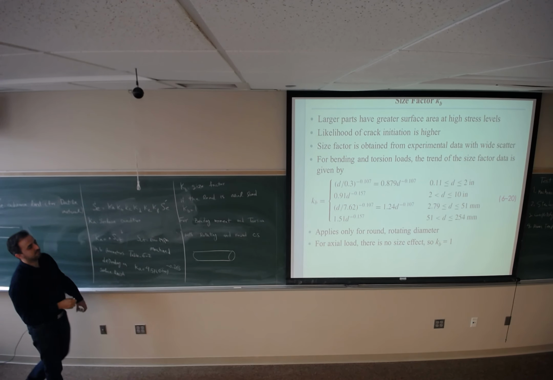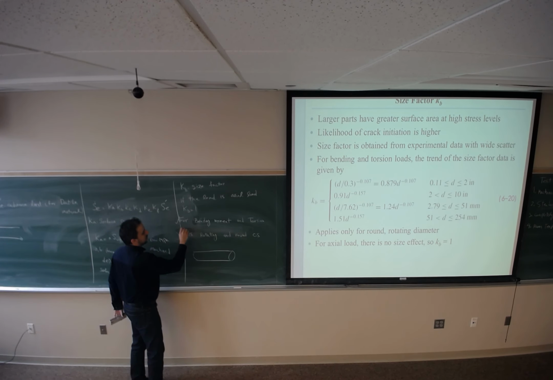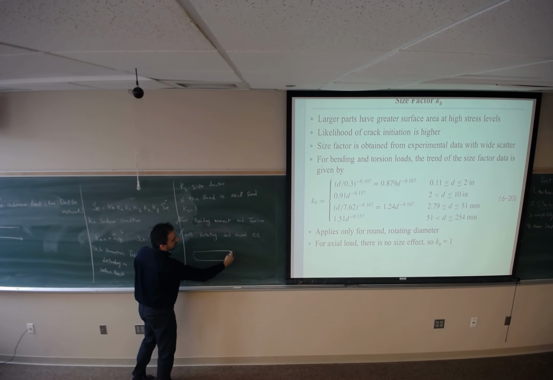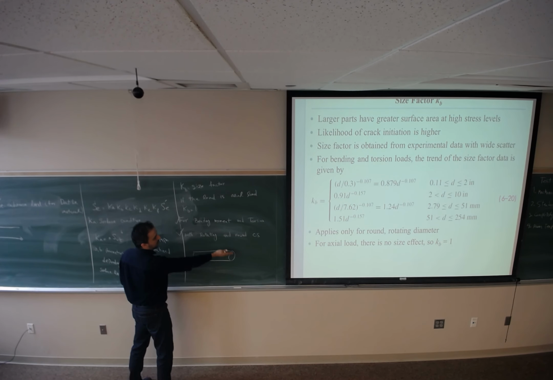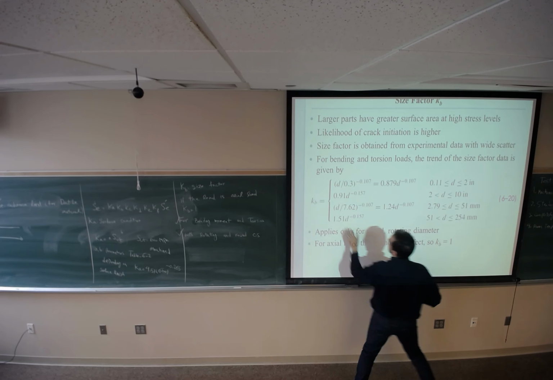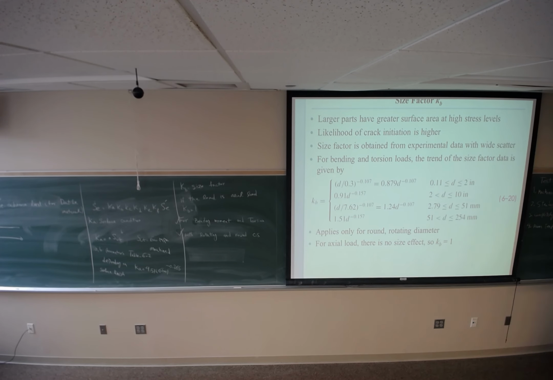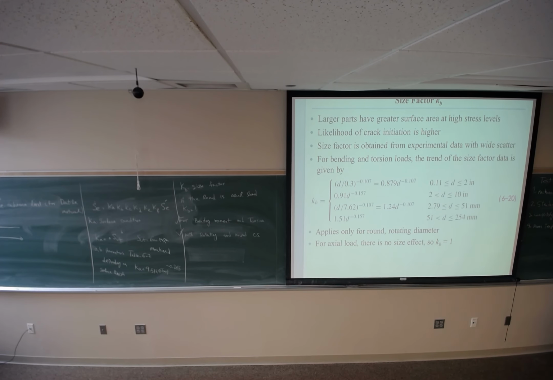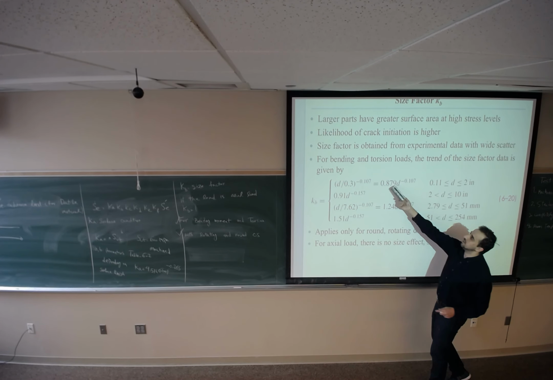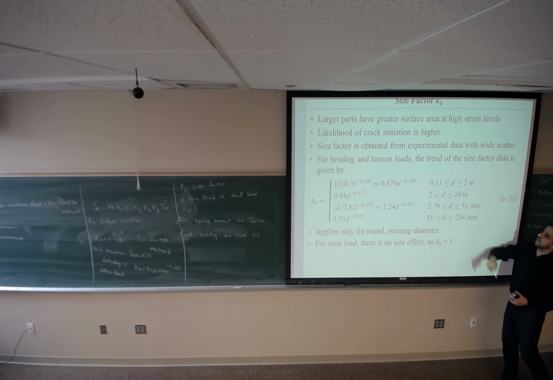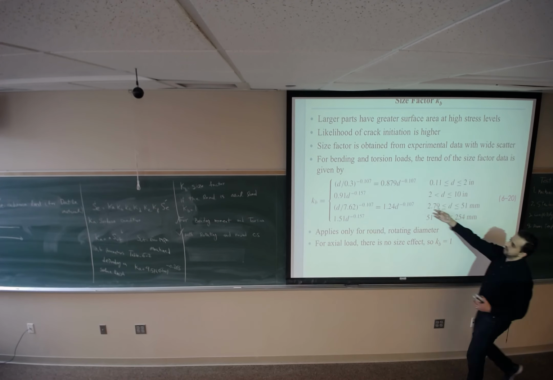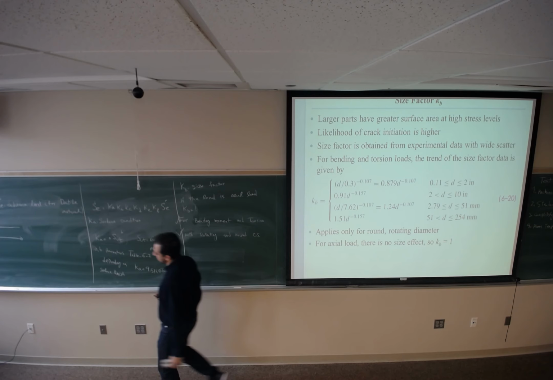If we have these three conditions, it's rotating, it has a round cross section, and the load is bending moment or torsion, we are going to use this equation, KB. The diameter, find the range. If it's between 0.11 and 2 inch, use this equation. Plug in D, find KB. If it's between 2 and 10, use that one. Or if you have an SI unit, you can use the last two rows.